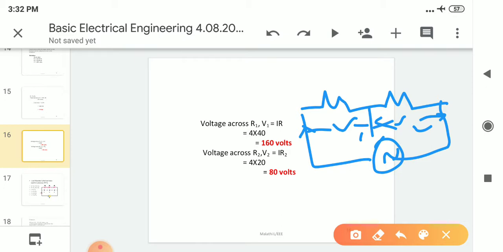So V1 is equal to I into R1, V2 is equal to I into R2. So 4 into 40 and 4 into 20. So 160 and 80 volts. These are the final answers.